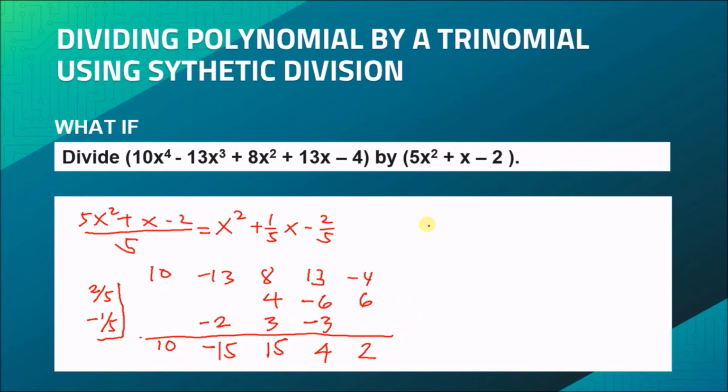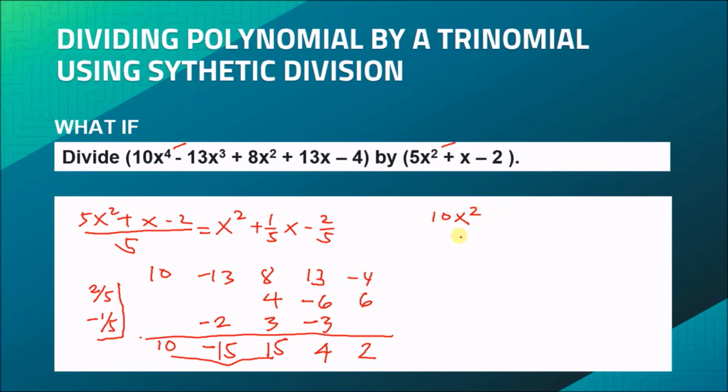Our temporary quotient takes the portion here, 10x squared, because it came from here. If the degree of the dividend is 4 and the degree of the divisor is 2, therefore the degree of our quotient is 2.